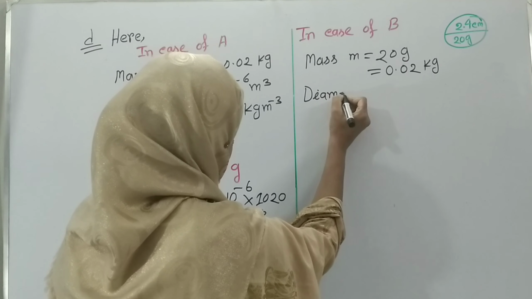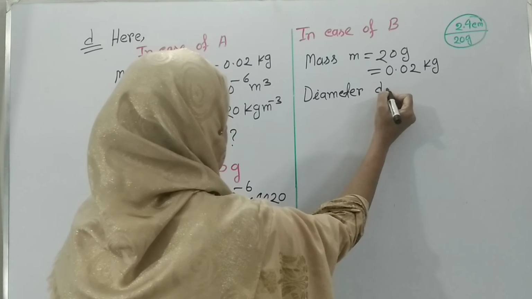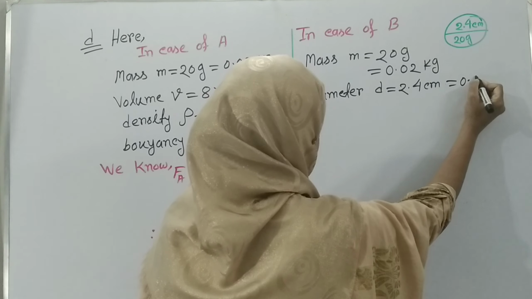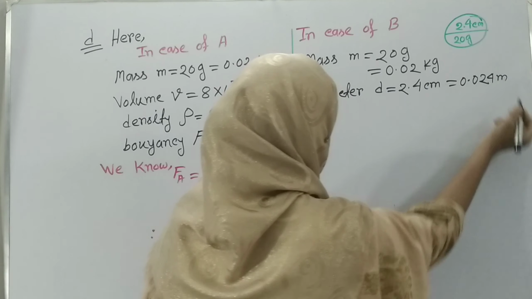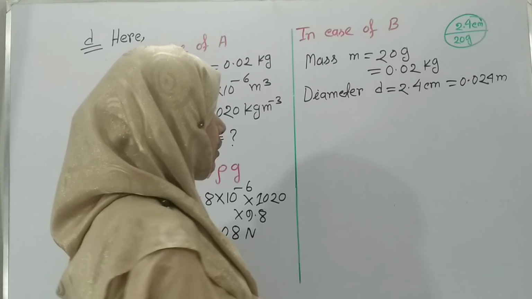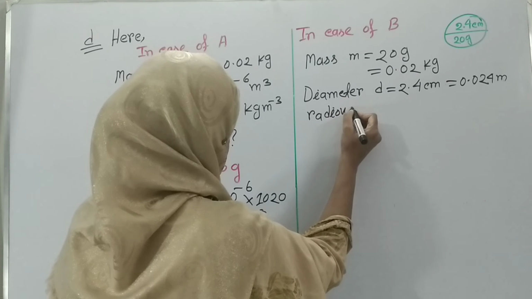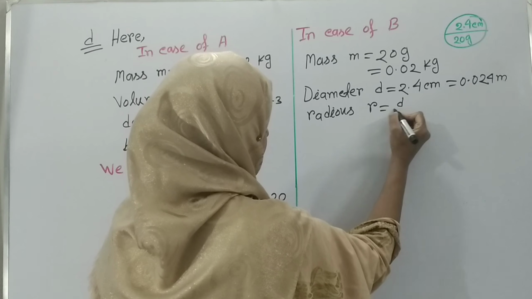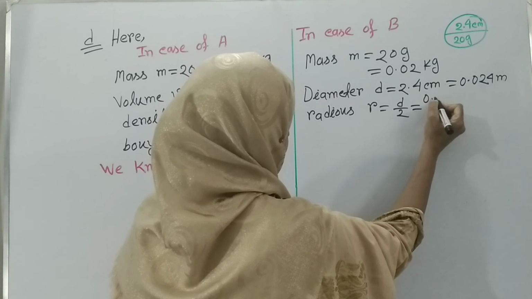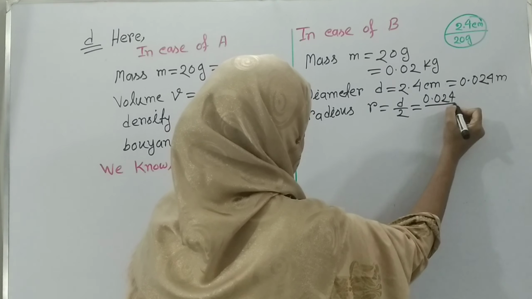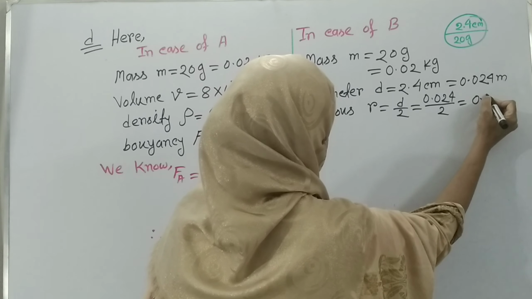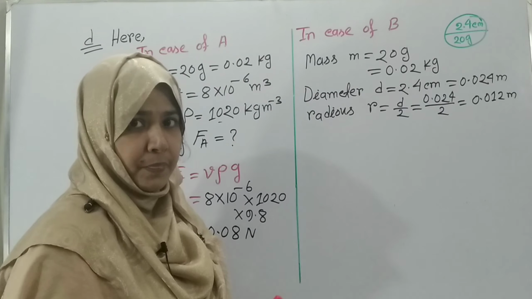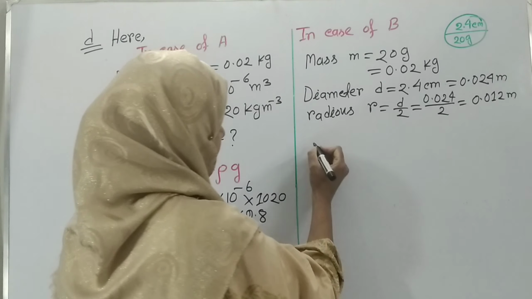So the diameter D is 2.4 centimeter or 0.024 meter. So the radius R will be D by 2. That means 0.024 divided by 2, which is 0.012 meter.